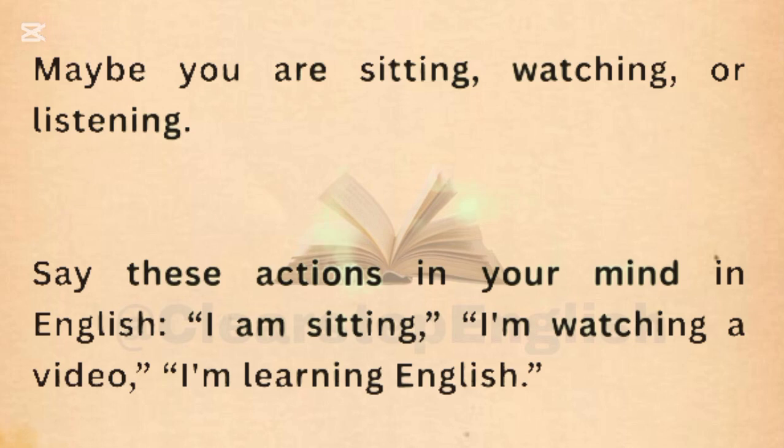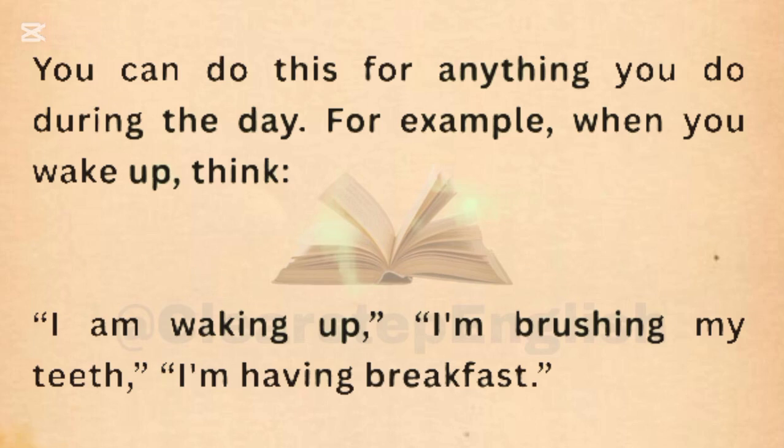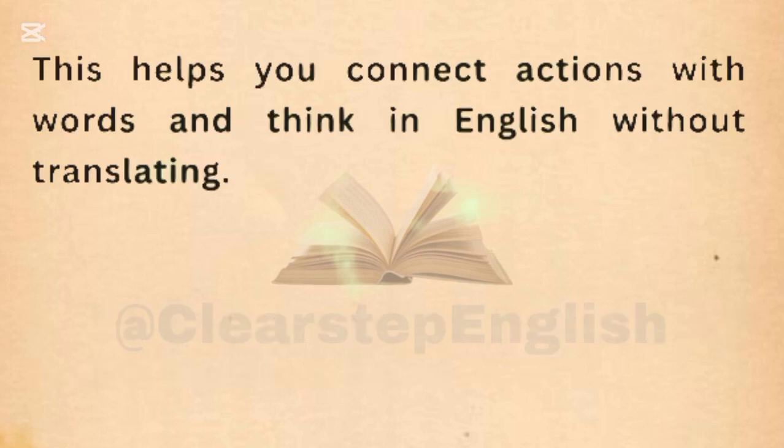I am sitting, I'm watching a video, I'm learning English. You can do this for anything you do during the day. For example, when you wake up, think, I am waking up, I'm brushing my teeth, I'm having breakfast. This helps you connect actions with words and think in English without translating.